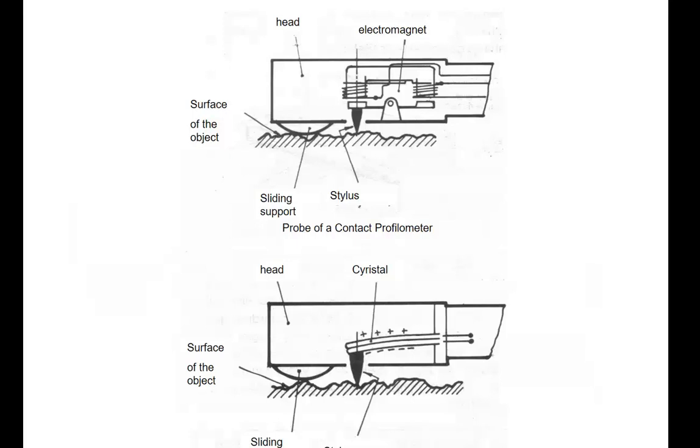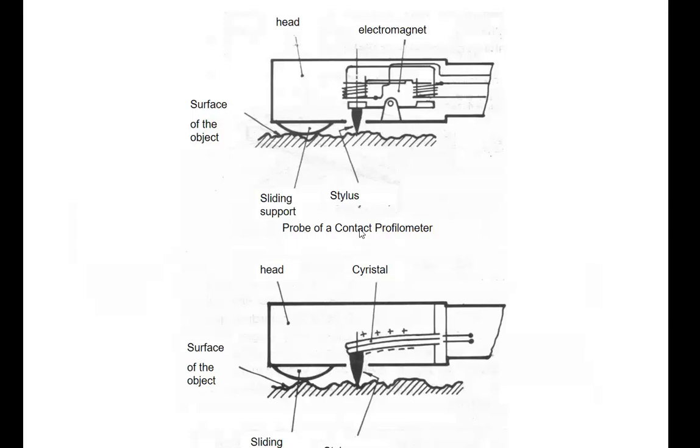As seen from this figure, if the stylus is in contact with a protrusion, then the stylus will be pushed. If it is in contact with a cavity, then it will drop. So the stylus will follow the surface along the selected path.